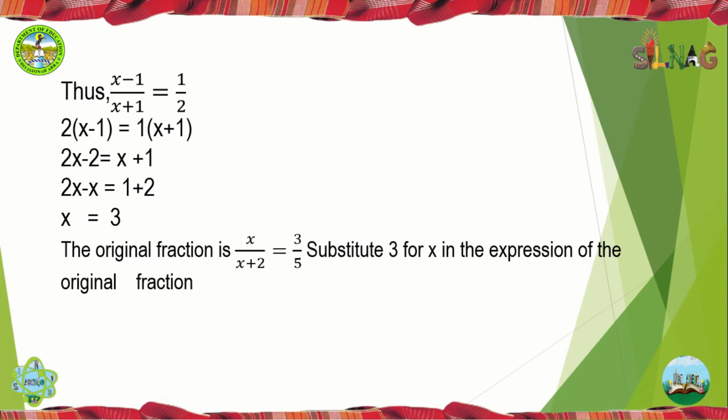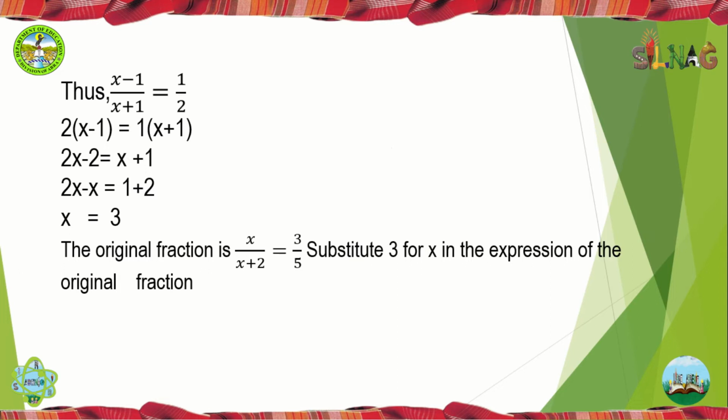And at the right side, 1 times x plus 1 is equal to x plus 1. Then we combine similar terms, so we have 2x minus x is equal to 1 plus 2. 2x minus x is x, and 1 plus 2 is equal to 3. So the value of x is equal to 3.